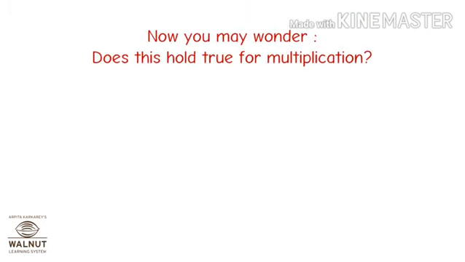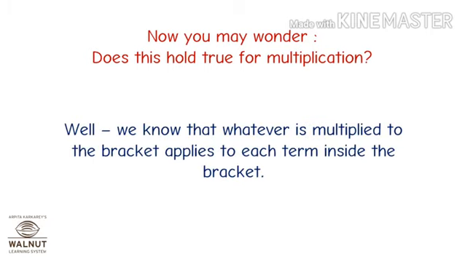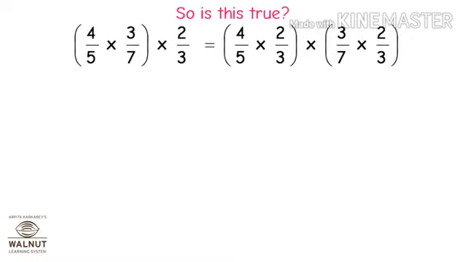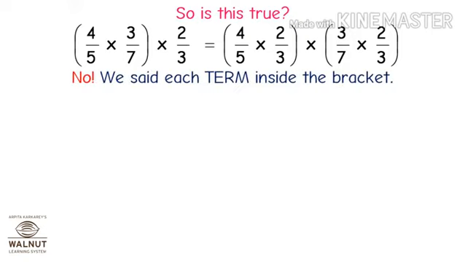Now, you may wonder, does this hold true for multiplication? Well, we know that whatever is multiplied to the bracket applies to each term inside the bracket. So, is this true? 4 upon 5 multiplied by 3 upon 7, in brackets, multiplied by 2 upon 3 is equal to 4 upon 5 multiplied by 2 upon 3, in brackets, multiplied by 3 upon 7 multiplied by 2 upon 3, in brackets?